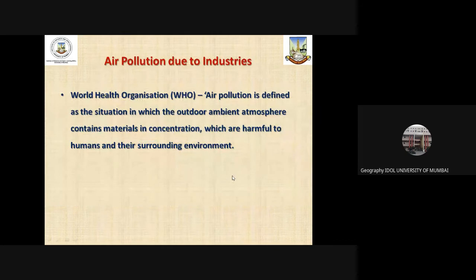Now, let us have a look at the kind of pollution that is created by industrial segments one by one. Air pollution, for example, is defined by the World Health Organization as the situation in which the outdoor ambient atmosphere contains material in concentration which are harmful to humans and their surrounding environment.